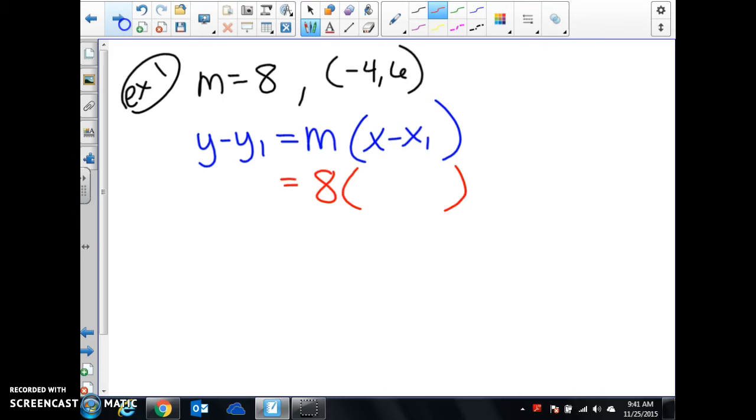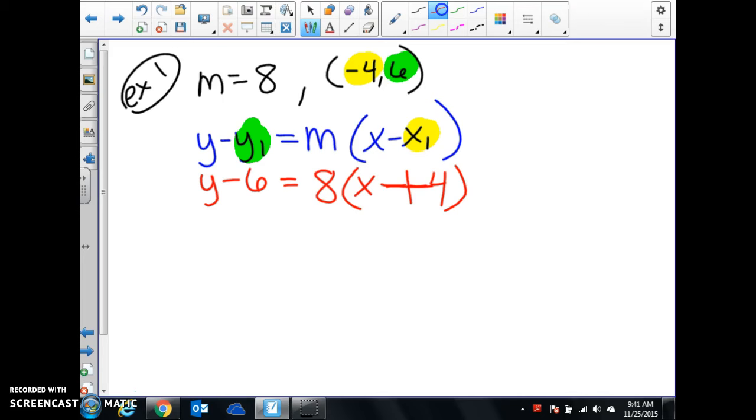My x and my y do not change. Now I've got to take my x1 and plug it in here, and then my y1 and plug it in there. So minus my x1, which is -4, minus a -4, and my y1 is a 6, so minus 6. Okay, make sure that's plus.